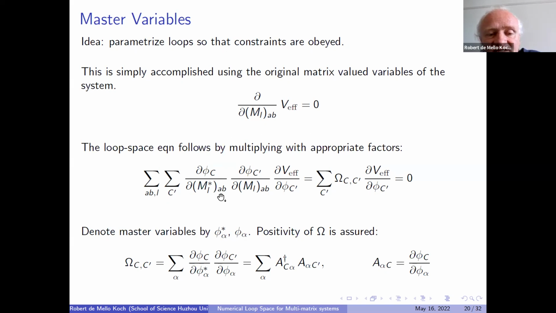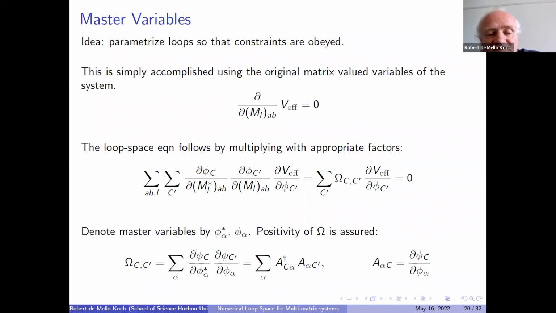stationary equation, it's very easy to show that, first of all, I use the chain rule to express the derivative appearing above in terms of loops. Then I multiply by the phi c m star LAB, and I just get the loop joining matrix onto the derivative of the effective potential.